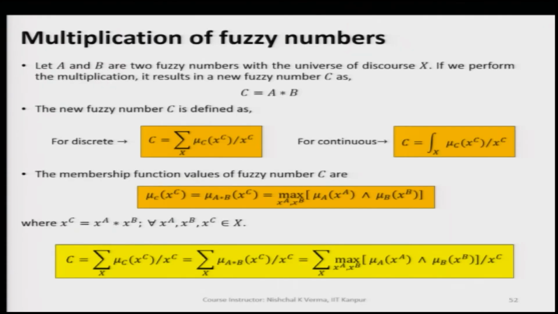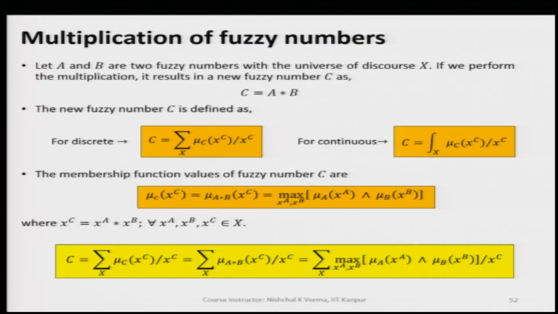Now, let us discuss the multiplication of fuzzy numbers. So, multiplication can be defined here as C is equal to A star B. So, star here signifies the multiplication. A, B, C are fuzzy sets where A and B both are the fuzzy numbers.